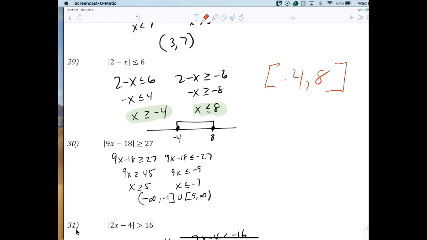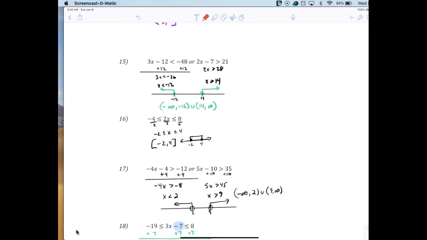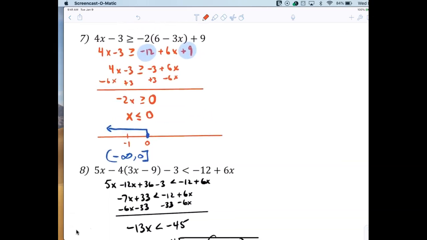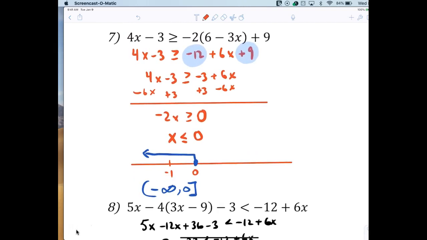Yes, ma'am. 7. Let's take a look at 7. All right. Take a look at that. You good? Celebrating. Finally got one right. All right.